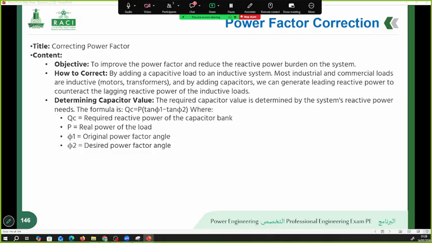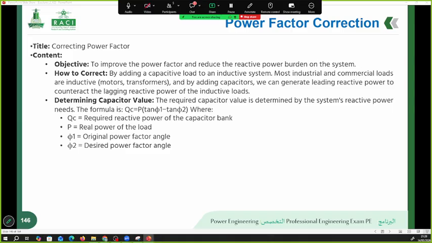This slide focuses on the practical solution to low power factor: power factor correction. The primary goal is to improve the efficiency of the electrical system by reducing the amount of reactive power that the utility must supply.